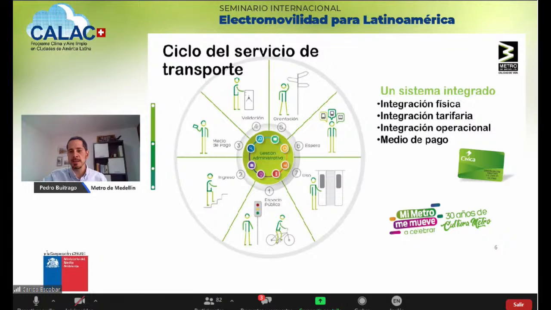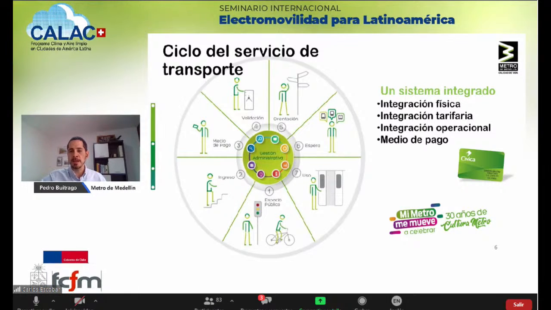And these are moments in which we analyze each of the needs and each of the attributes that give more weight or significance to the user, so we manage them properly so the user can feel in each of our lines, in each of these moments of time, that he's actually part of an integrated system with physical, fair, operational integration and supported by a single mode of payment, which is the Cívica system, and also supported by the metro culture.